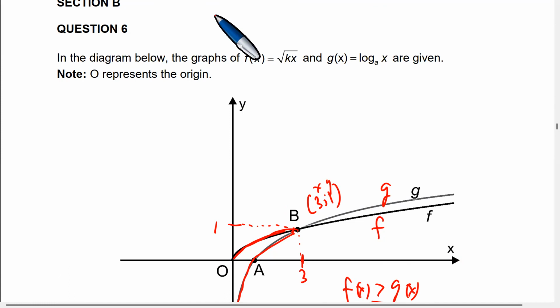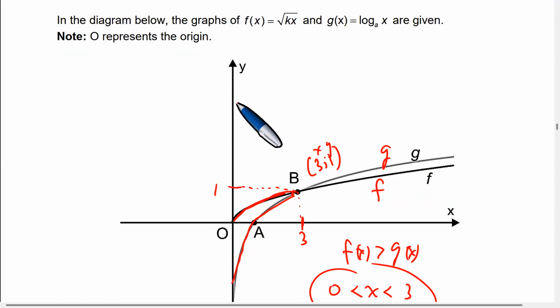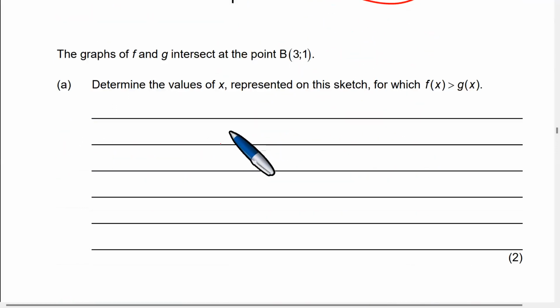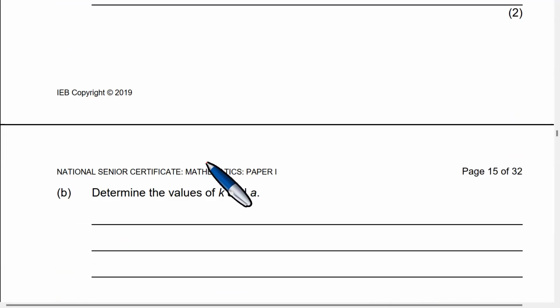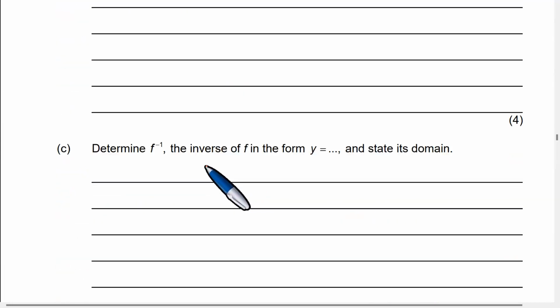Now this is the function f, which is the square root of kx. f of x is the square root of kx. Obviously we are just looking at the question in the middle.